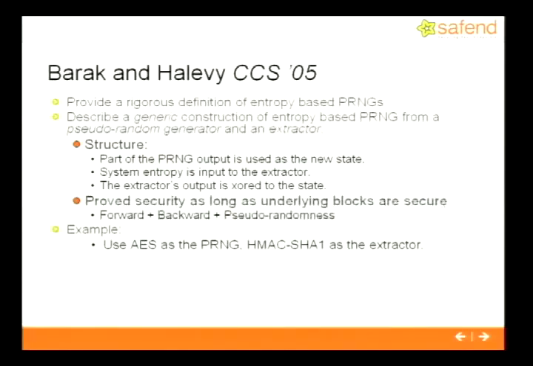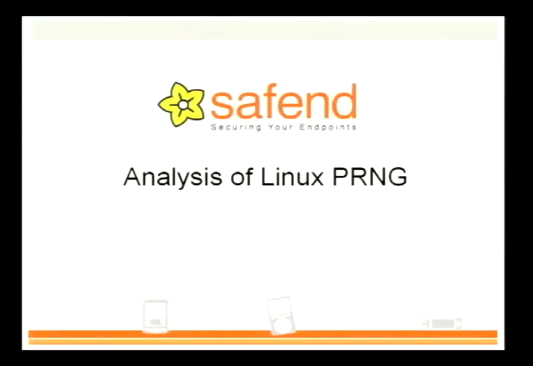Unfortunately, it's a new paper, and none of the PRNGs is using this structure. So if you are going to implement a new system, considering using an entropy-based PRNG, please consider using this scheme. It is very easy to implement. You can just take AES together with some hash function, and you'll get these three properties that I mentioned in the beginning. Okay, now to Linux.